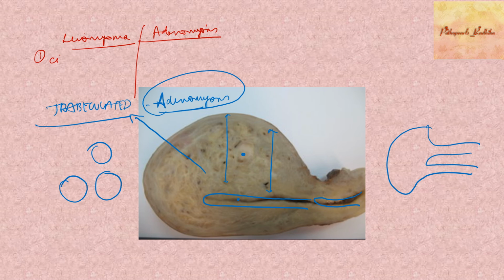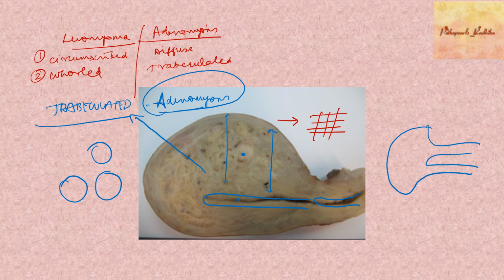Leiomyomas usually produce a circumscribed mass, whereas adenomyosis is a diffuse enlargement of the myometrium. In leiomyoma you have a whorled cut surface, whereas in adenomyosis you have something called a trabeculated cut surface. So this is how a trabeculated cut surface appears. Okay, so when you see this, it will be like trabeculations, right? So you have to know these differences between leiomyoma and adenomyosis.